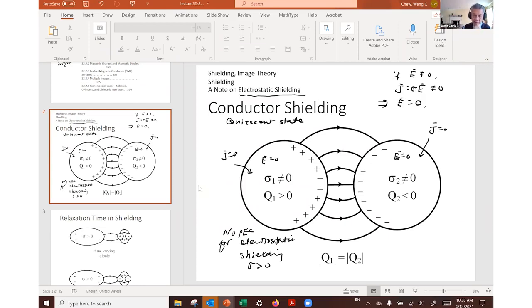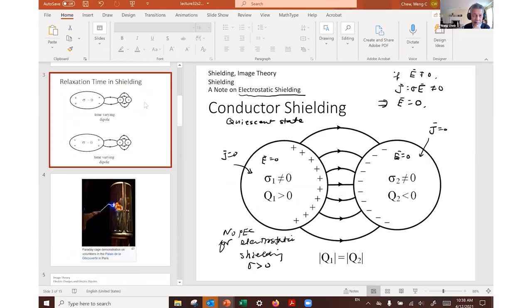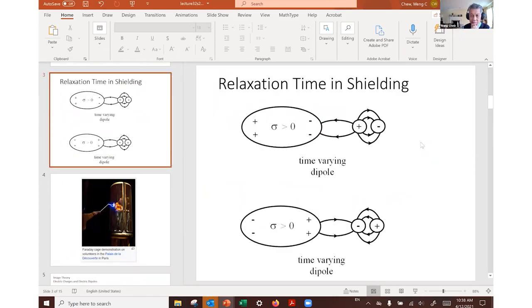However, this is for statics. And if the sources are time changing, like what we see here, if this is a dipole source, a Hertzian dipole, say, driven by some sources where you have currents flowing between the two spheres, then the electromagnetic field coming from this dipole is changing.